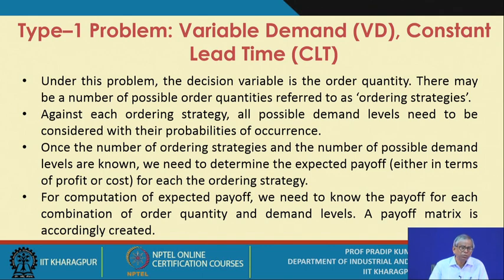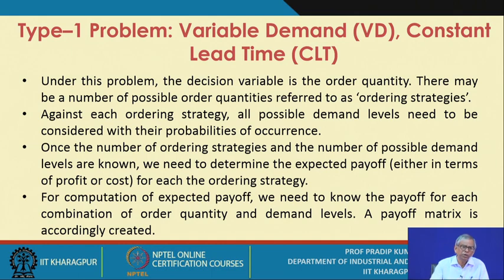What we are saying is, first you look at the problem and try to find out what the possible demand levels are. Suppose this is a discrete case. For a given item, the demand is known.